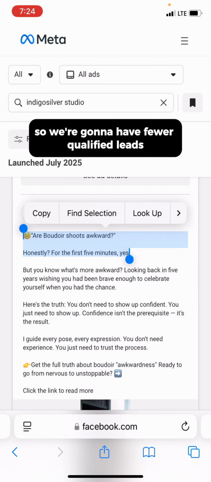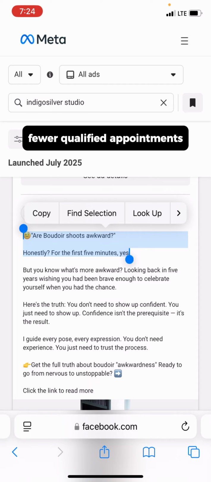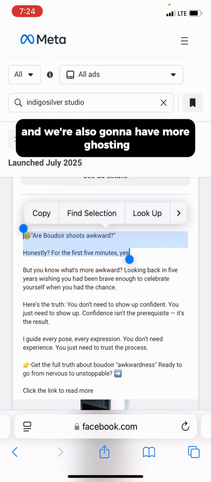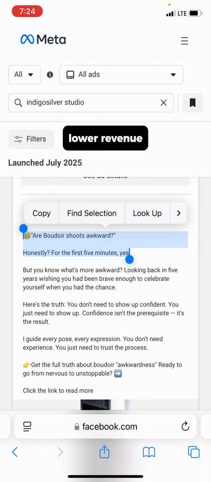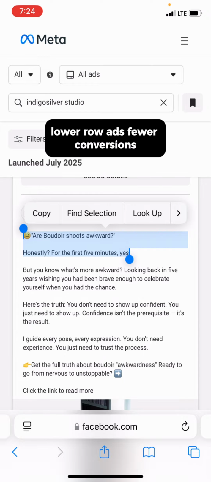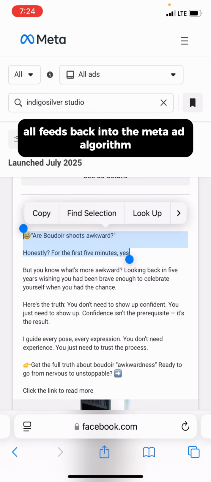So we're going to have fewer qualified leads, fewer qualified appointments, and we're also going to have more ghosting, more price hunters, more price objections, fewer bookings, fewer sales calls, lower revenue, lower sales, lower ROAS, fewer conversions, all feeds back into the meta ad algorithm.